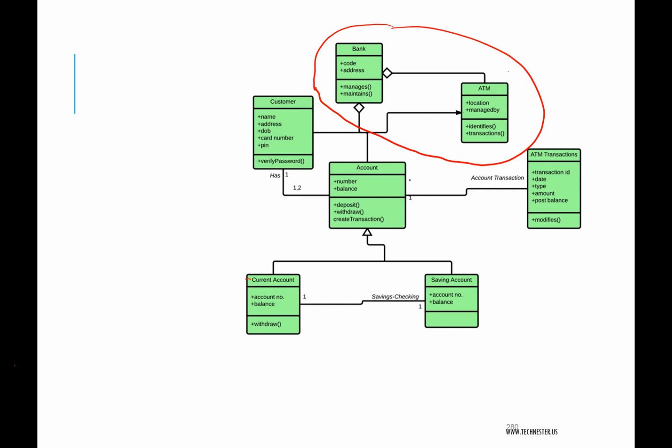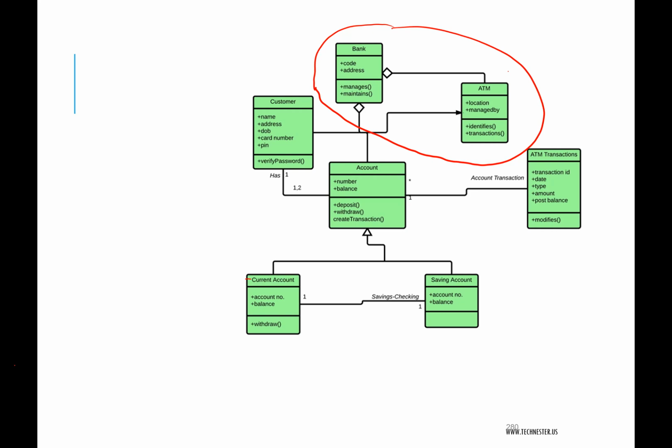Laura, can you explain this relationship? Yeah, the relationship is an aggregation relationship. It means that the bank knows about the ATM. The operations can be independent.